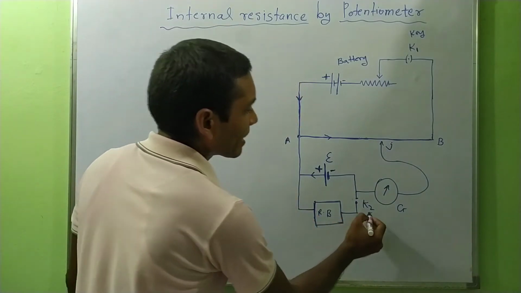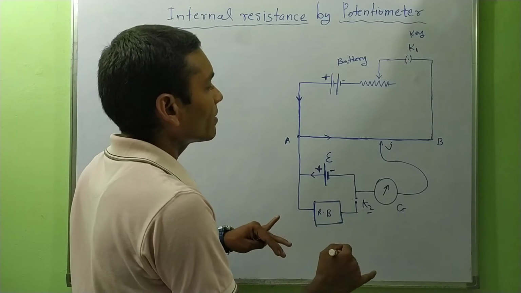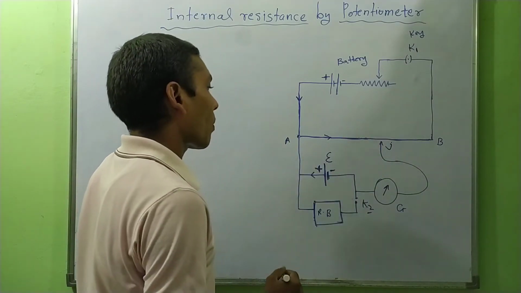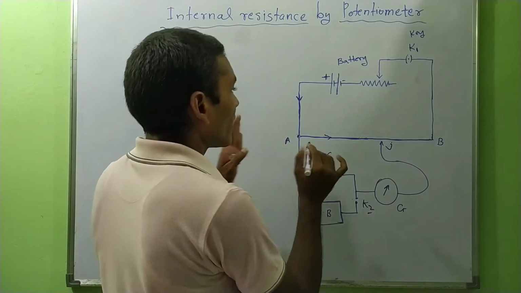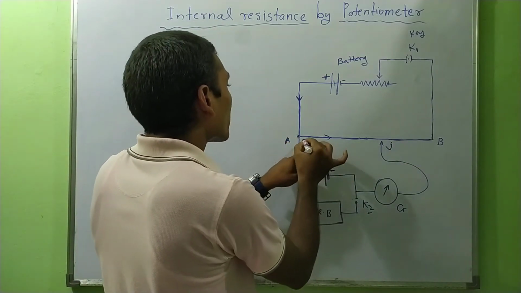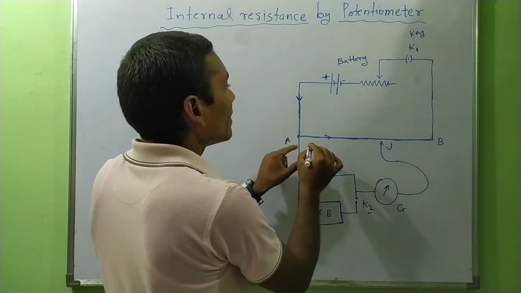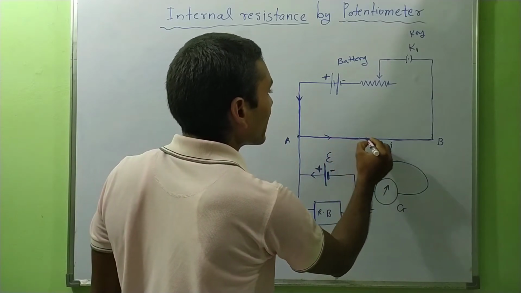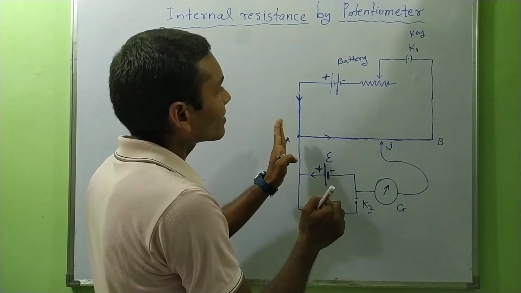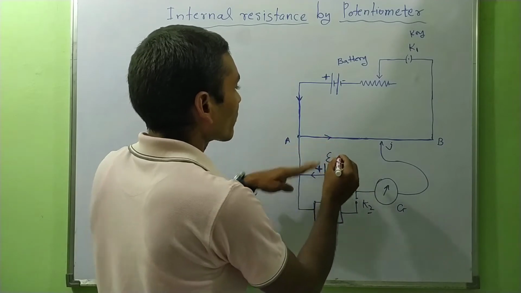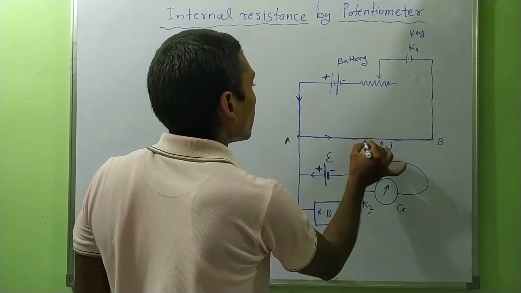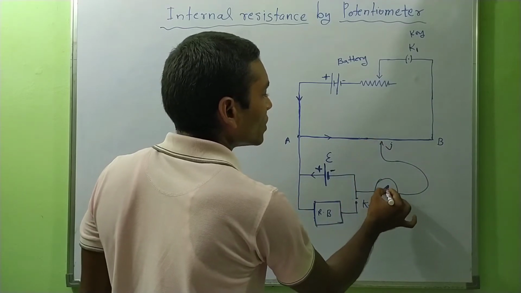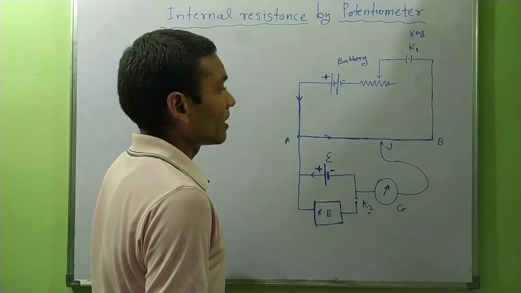Now when the K2 key is open, only the cell is there in the circuit. In this condition, when the jockey is brought near point A and moved along the wire AB, the deflection decreases slowly, and at some point on the AB wire the deflection in the galvanometer is 0.